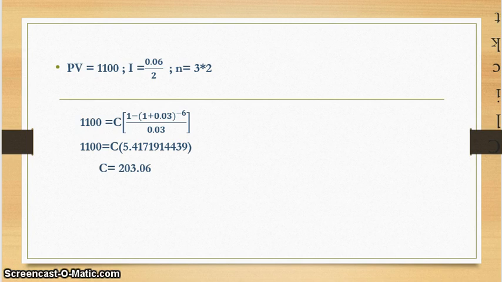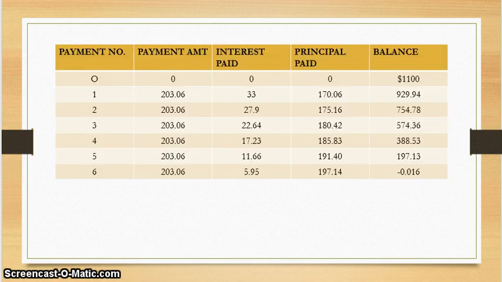Then we go on to create our amortization table. The amortization table contains 5 rows. First row we have number of payments. Second row we have payment amount. Third row interest paid. Fourth row principal paid.